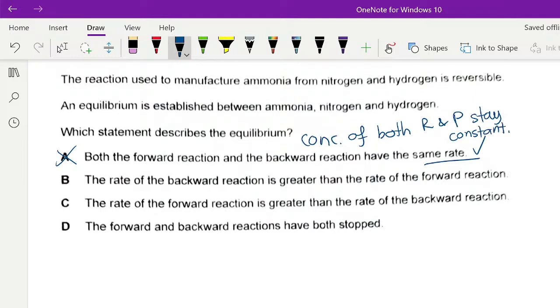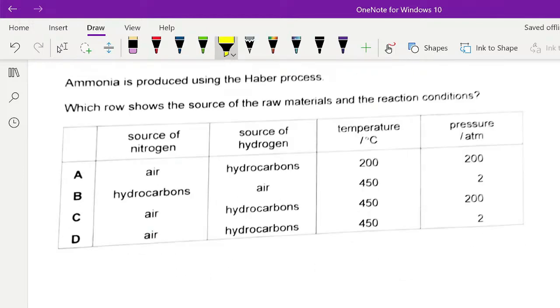Okay, I'm not saying that the concentration of both reactants and products are the same. They're not the same concentration, but the concentrations stay constant. They don't change anymore. The source of nitrogen is air in Haber process, and the source of hydrogen is cracking of hydrocarbons.